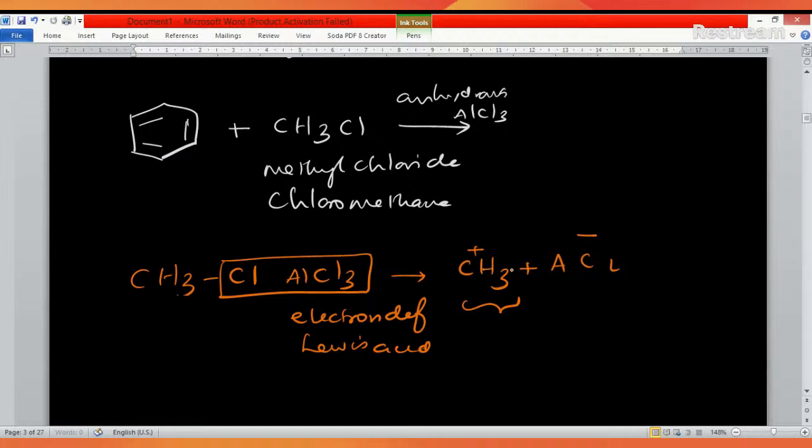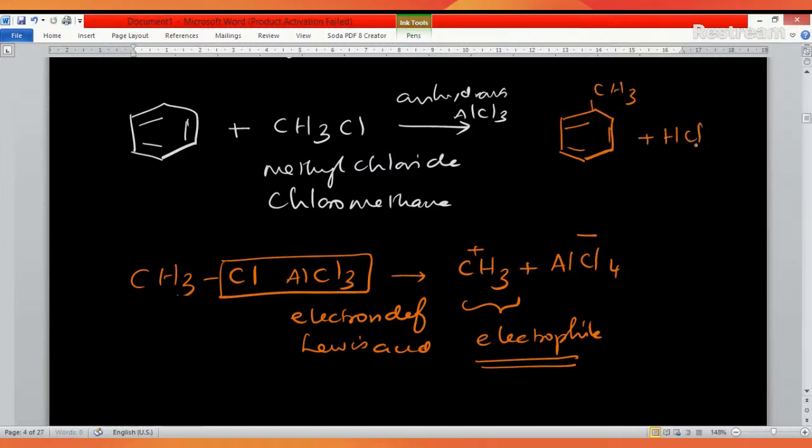Thus the CH3 plus formed can behave like an electrophile. So the electrophile can be substituted in the benzene ring. On the introduction of the electrophile in the benzene, you will be getting this structure, CH3 plus HCl. The compound's name is toluene, also called methyl benzene, methyl substituted benzene. And its mechanism is also in a similar manner.